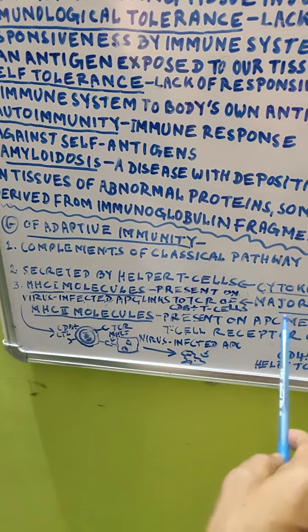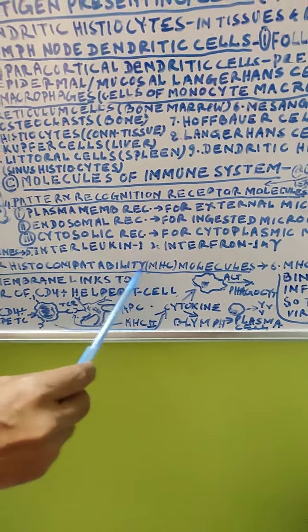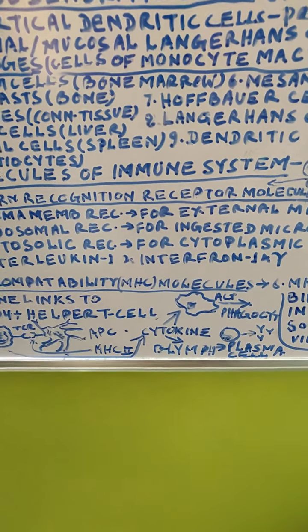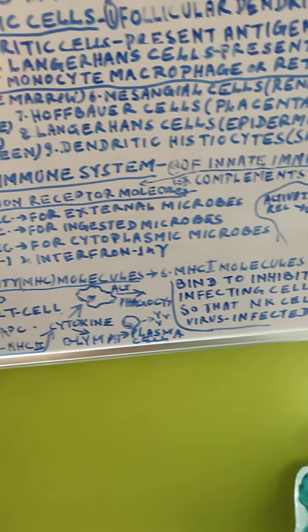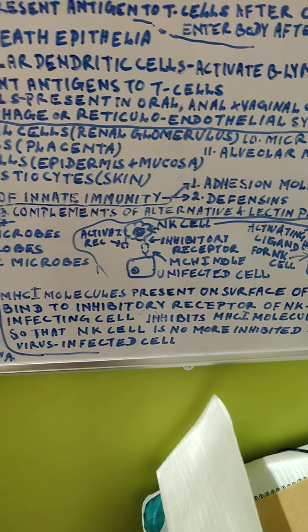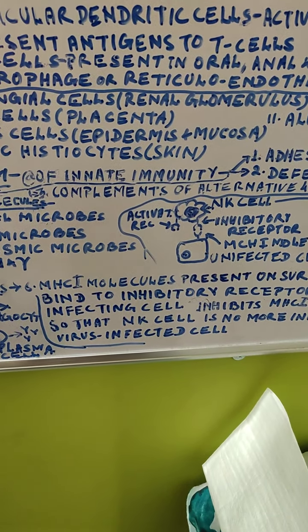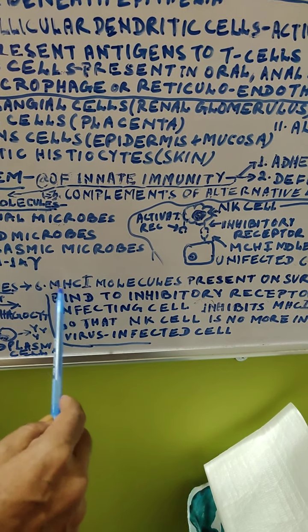Next is the major histocompatibility complex, MHC molecules. MHC molecules are of two types, MHC1 and MHC2. The MHC1 molecule is present in the innate immunity and also in adaptive immunity. That is the sixth category of molecule in the innate immunity.